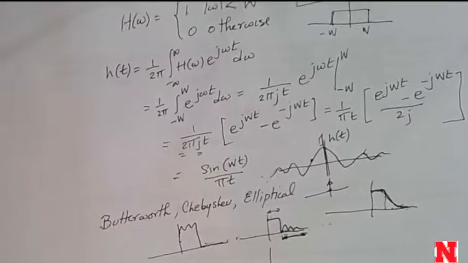Okay, so let's take a look at using this to find the response of our nice little simple filter that we had, the RC filter. If you remember, the response of the RC filter was given by just an exponential.